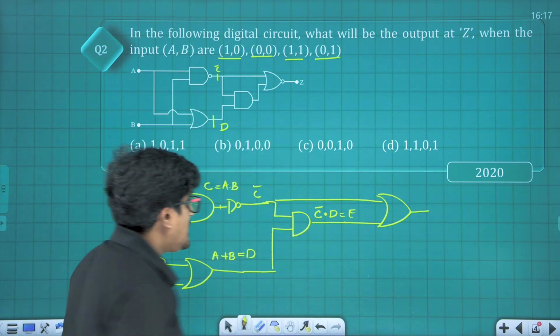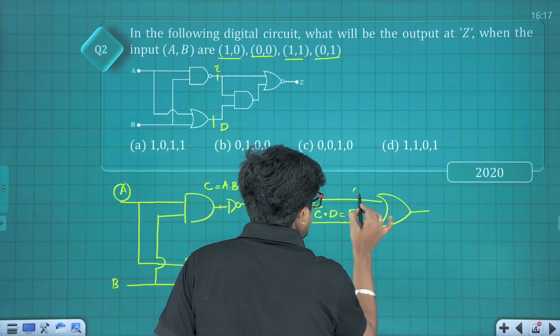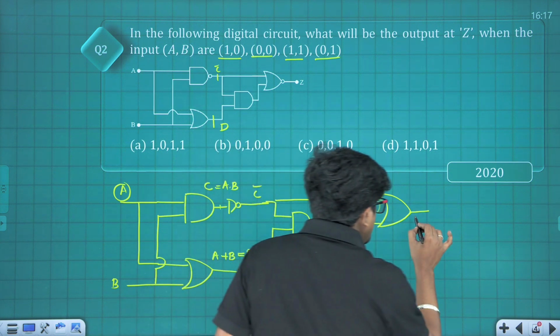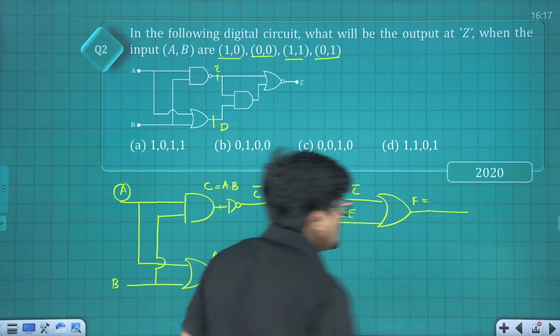So that OR gate is there. Now I can mark this as, so E is there and C bar is here. Now here this is supposed to be F.